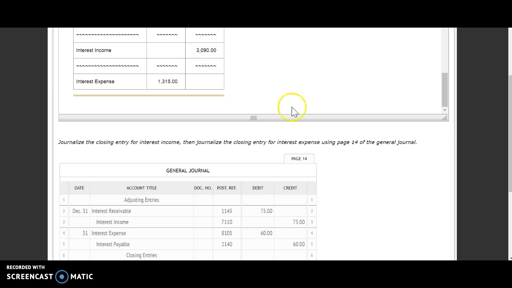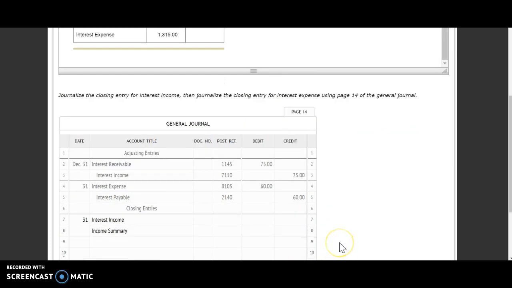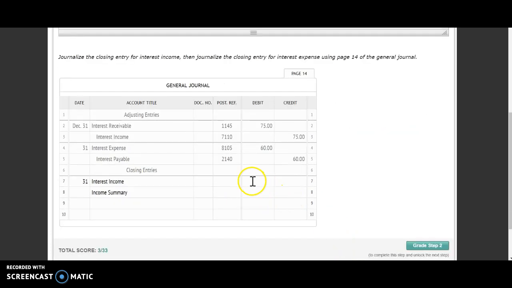And remember, I did a credit of $75. So plus 75 means I have a credit balance of $3,165. To close interest income, I would need to debit it for $3,165, and I'm going to credit income summary for the same amount, $3,165.